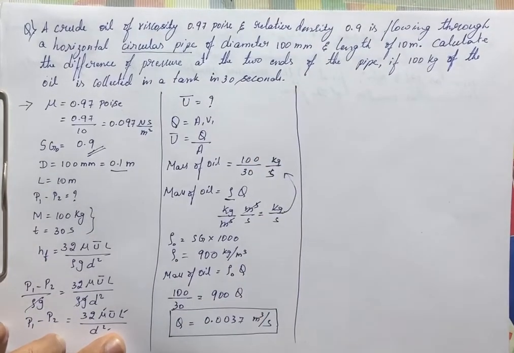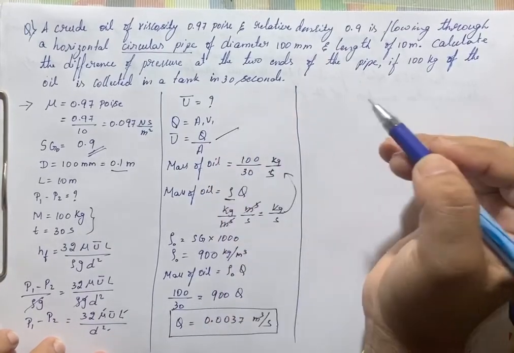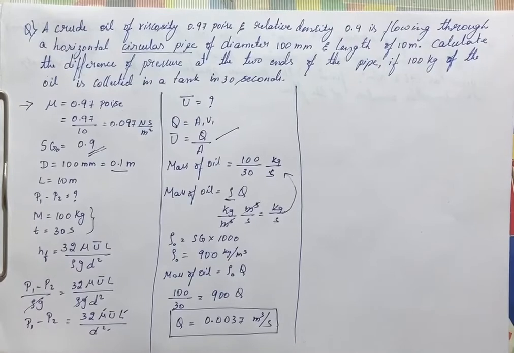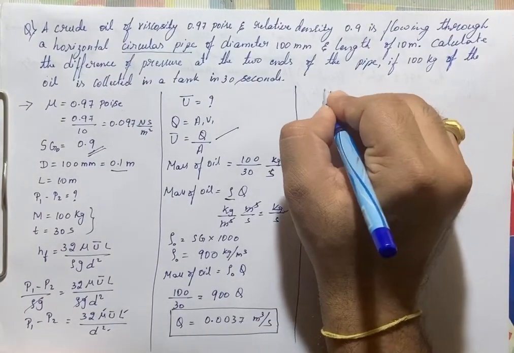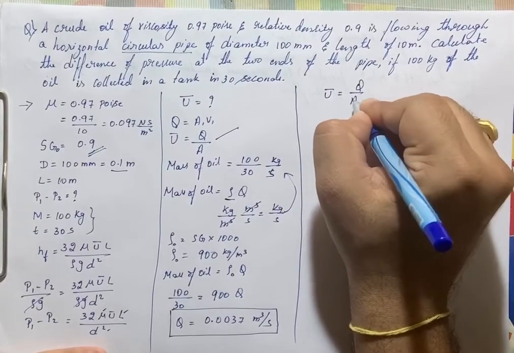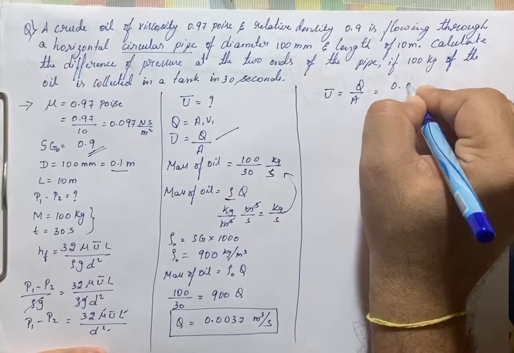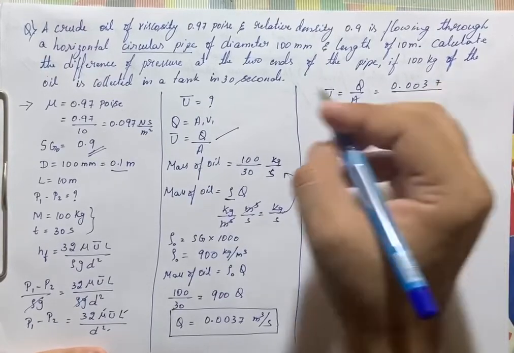After finding out the discharge, we can substitute this in this formula, that is U bar is equal to discharge Q by A, right? So U bar is equal to Q by A, which is 0.0037 divided by area.